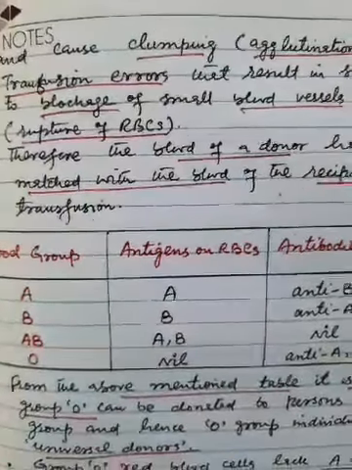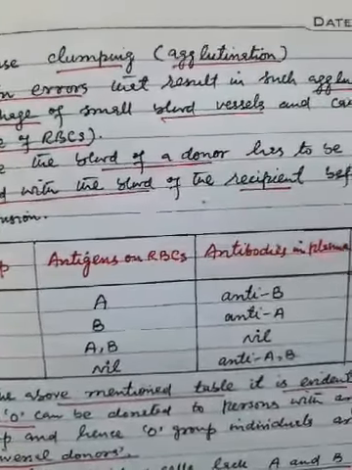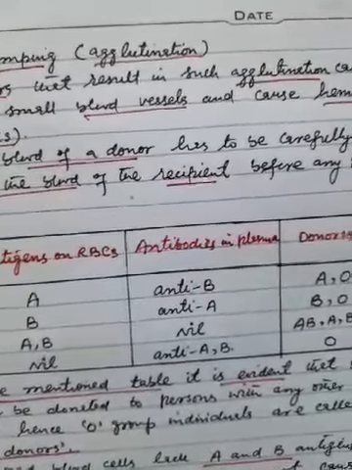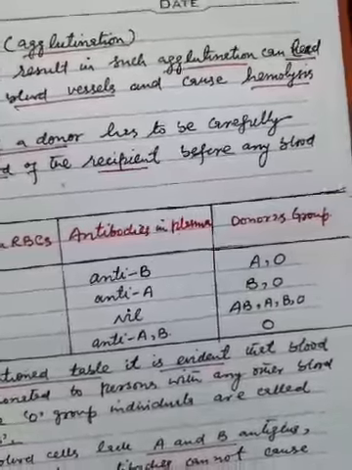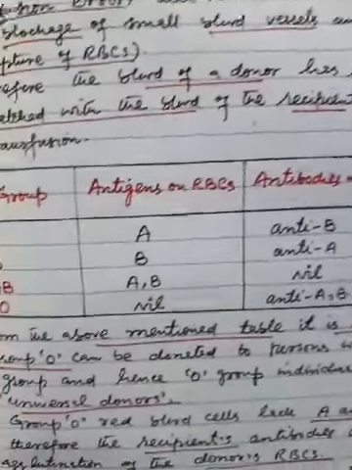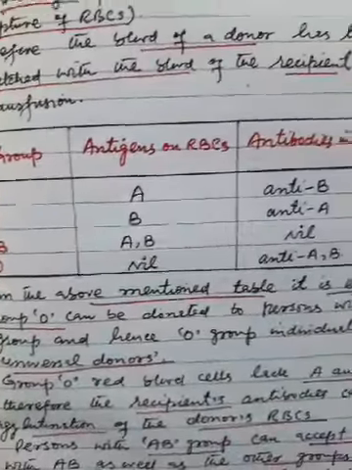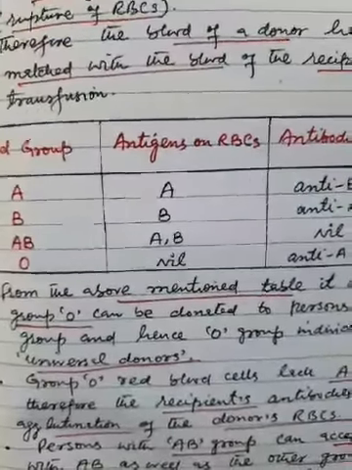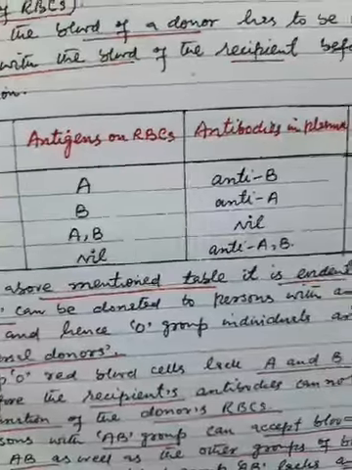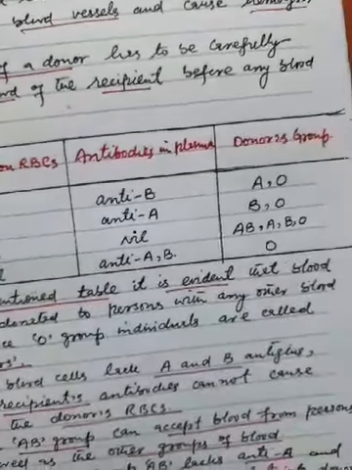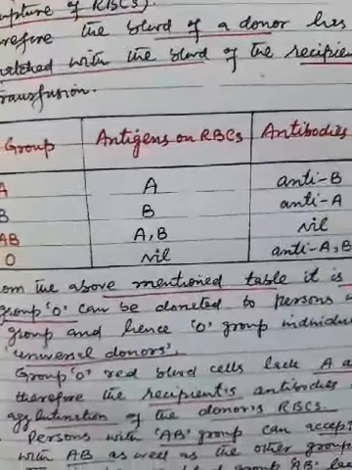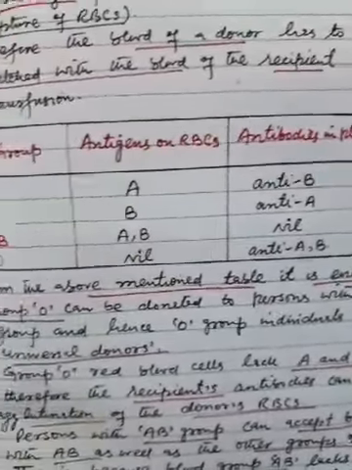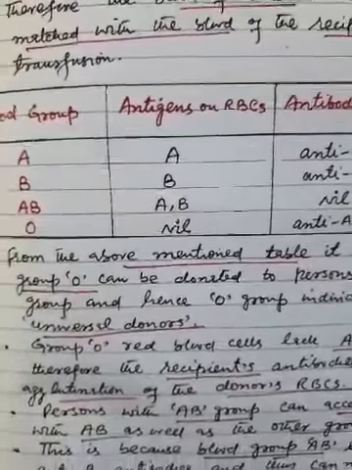Blood group O has nil antigens on RBCs but both anti-A and anti-B antibodies in plasma. Donors group, that is O. From the above mentioned table, it is evident that blood group O can be donated to persons with any other blood group, and hence O group individuals are called universal donors.